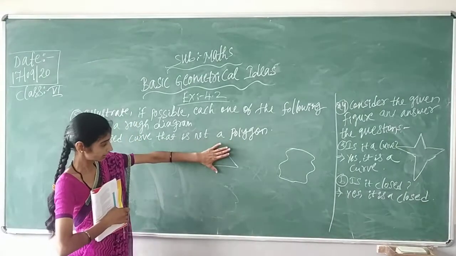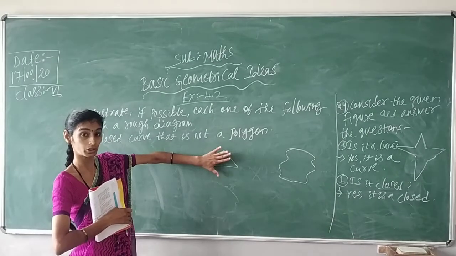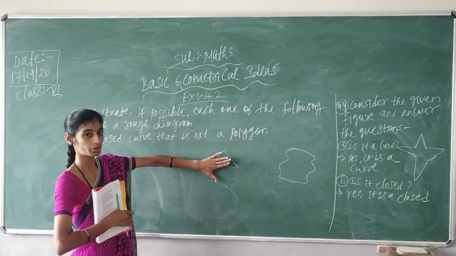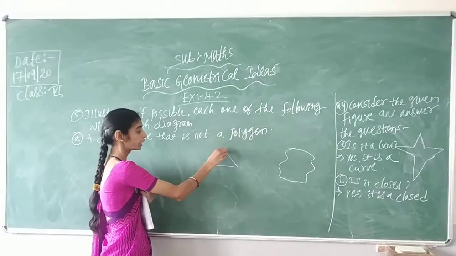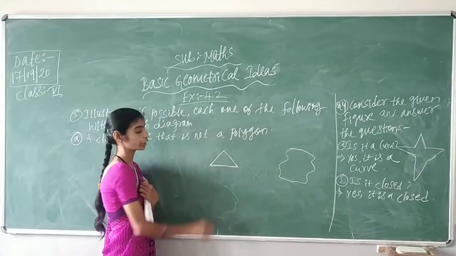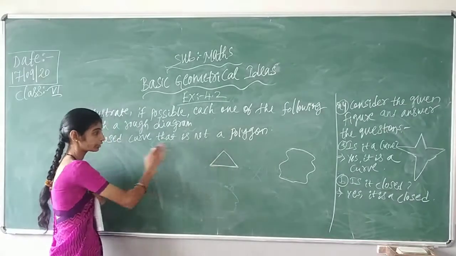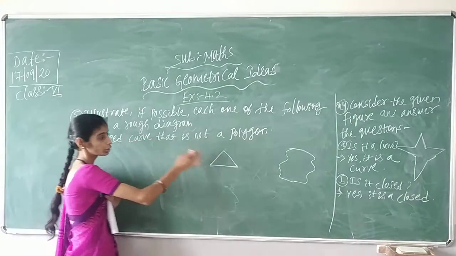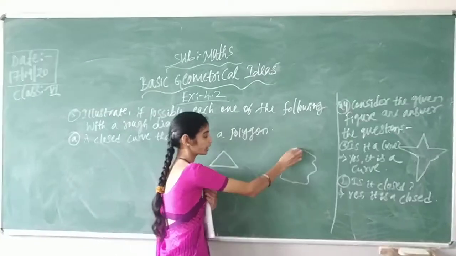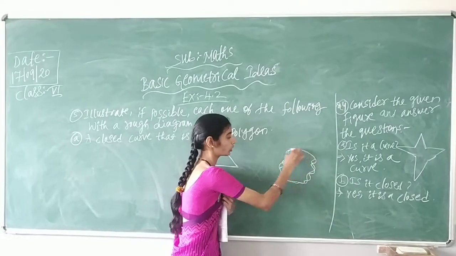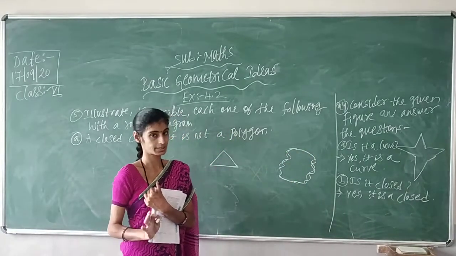So here it is a closed figure with a polygon. You should not draw this because a polygon is made up of line segments. So you cannot draw this triangle for this. You can draw this figure because here you have not used any line segment.